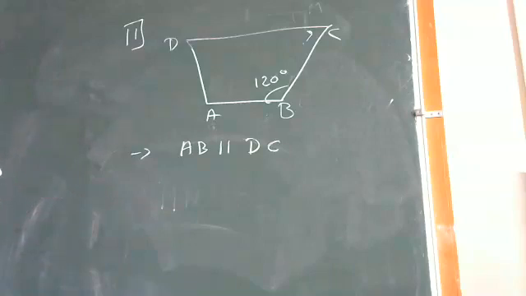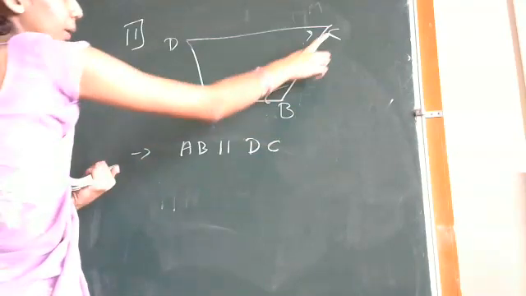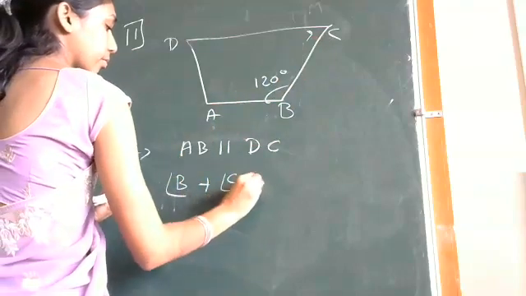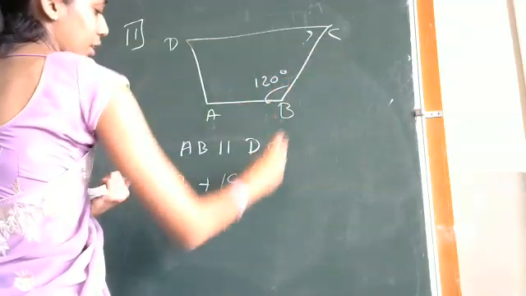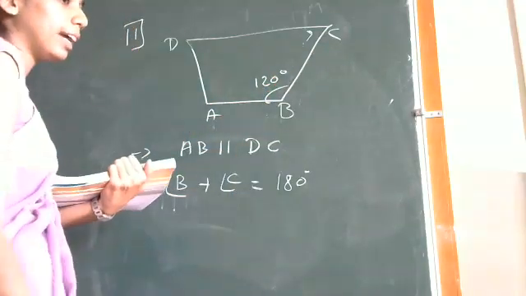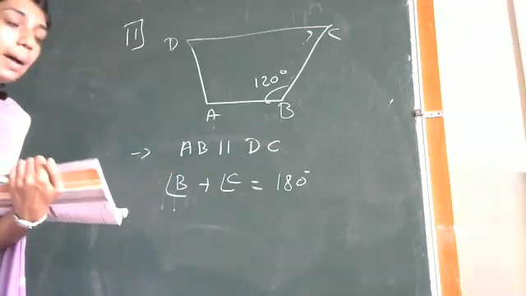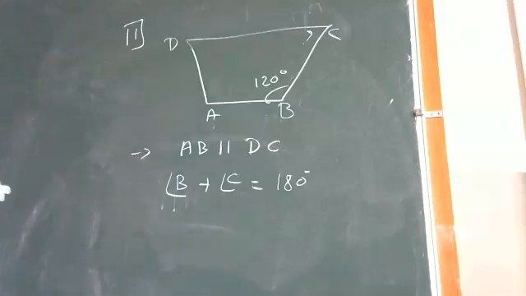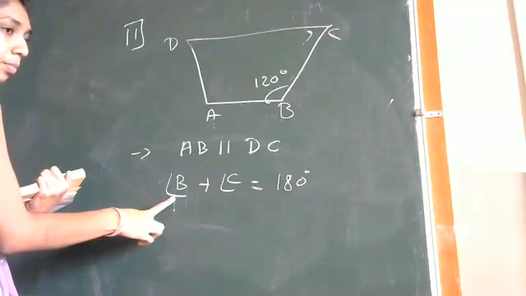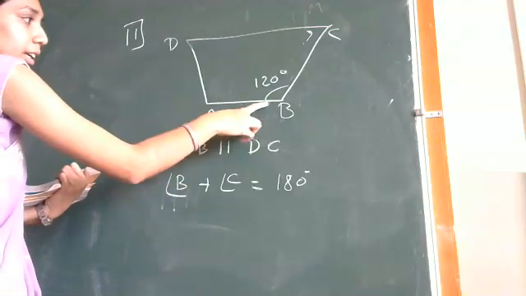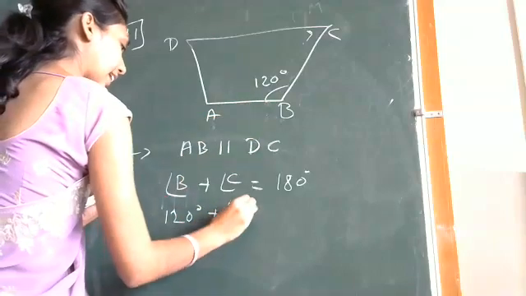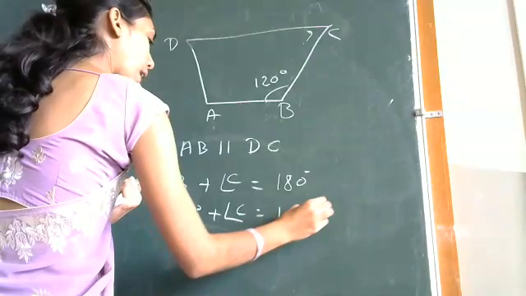Now what will be the measure of angle B plus angle C? 180 degrees, correct. If I add angle B plus angle C, we get 180, by the property which we have studied. Do I know the value of angle B? It is given in the figure, so 120 degrees plus angle C is equal to 180 degrees.